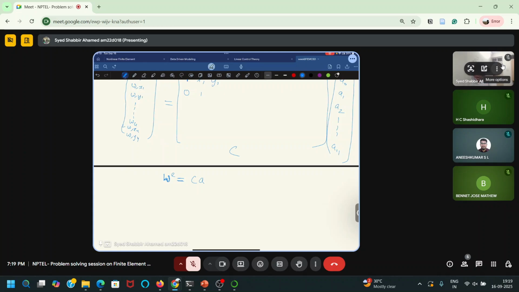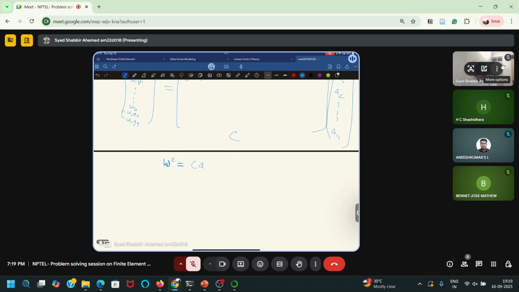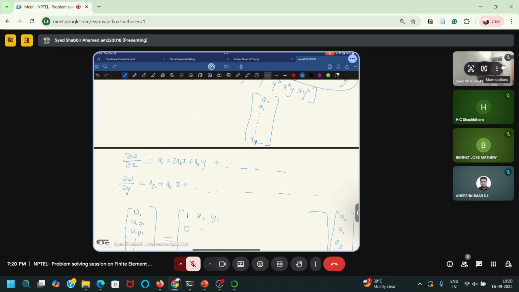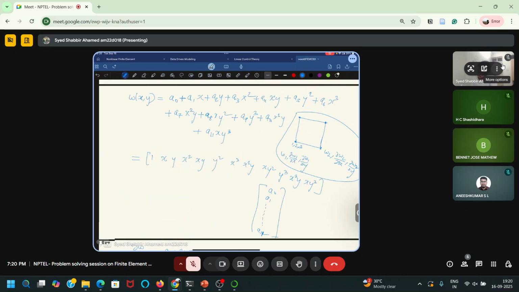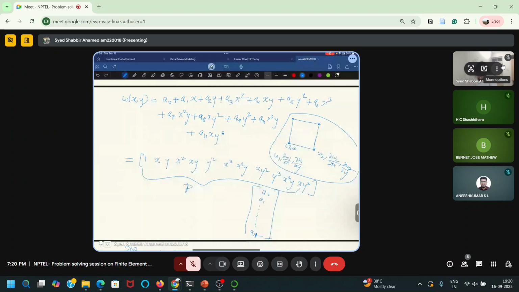But we know that W of x comma y is equal to P into A. So P is nothing but this.